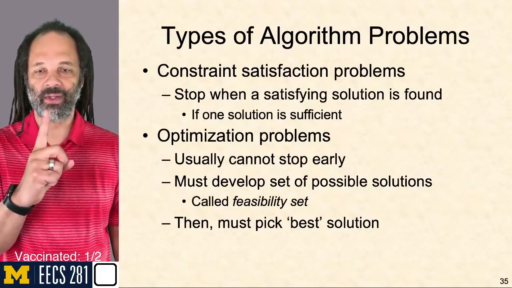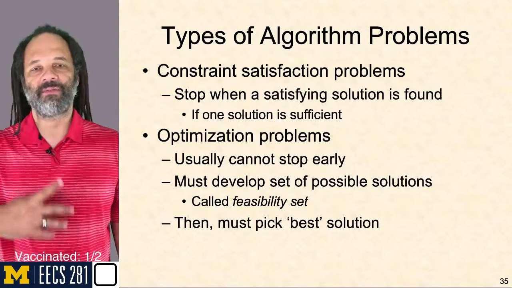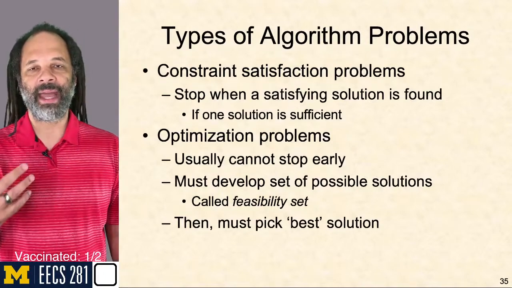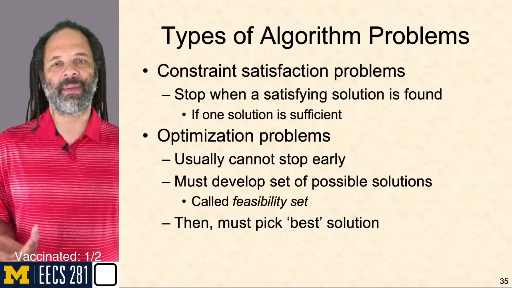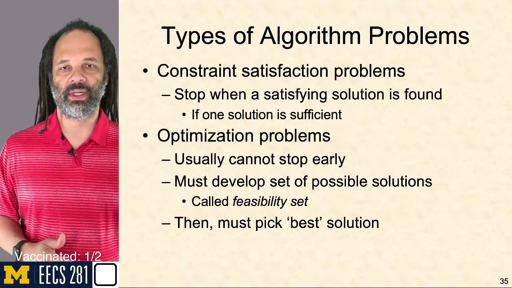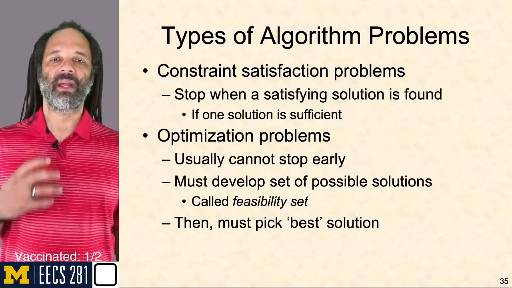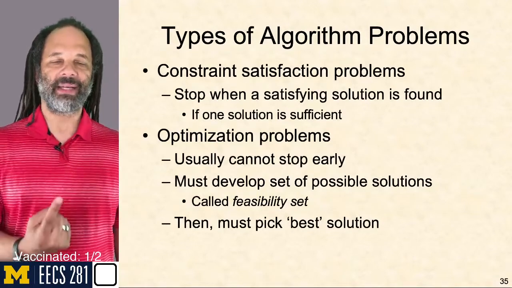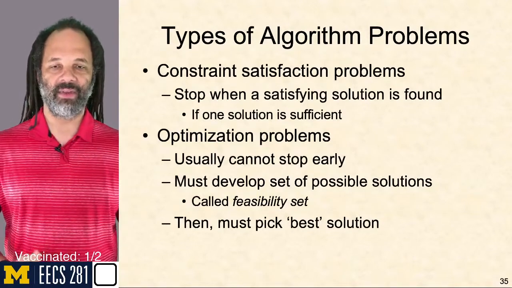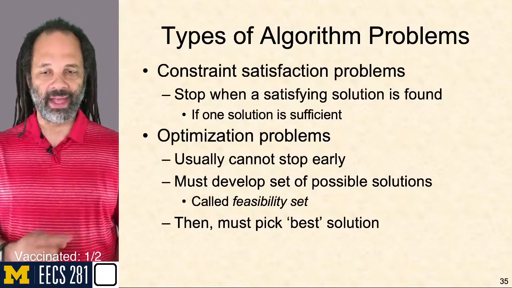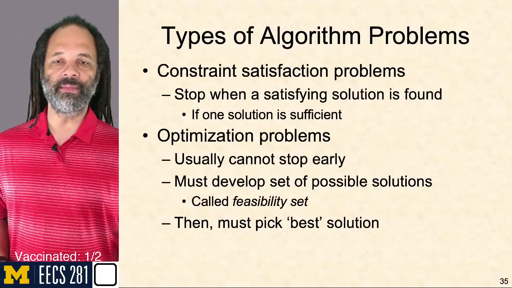Now I've got a better one. So you can sort of develop a set of possible solutions. You may store all of them, you may not. It might depend structurally on how you do this. If you're doing some recursion, you might have them implicitly stored in your call stack. But you need the best solution. You can't find it until you've gotten through all of them. And that's what you end up with at the end.